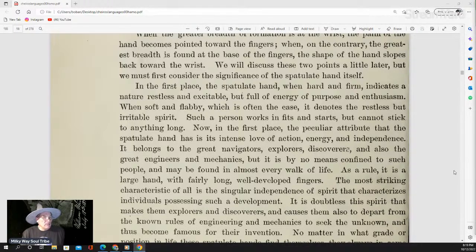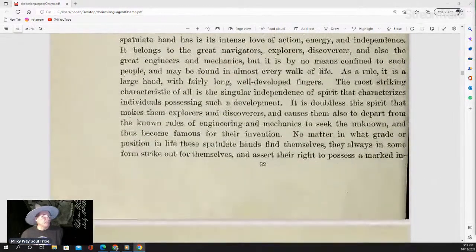It is doubtless that spirit that makes them explorers and discoverers and causes them to depart from the known rules of engineering and mechanics to seek the unknown and thus become famous for their inventions.